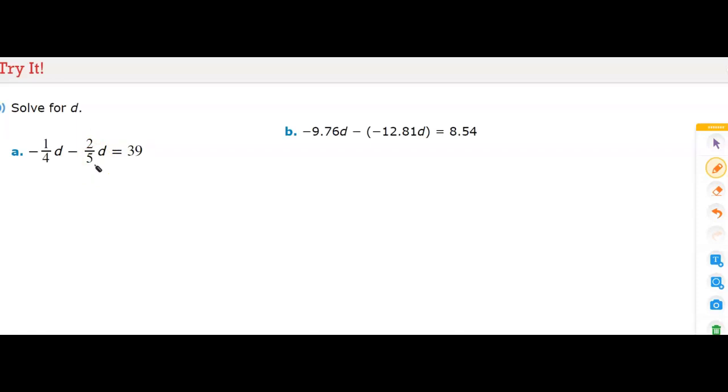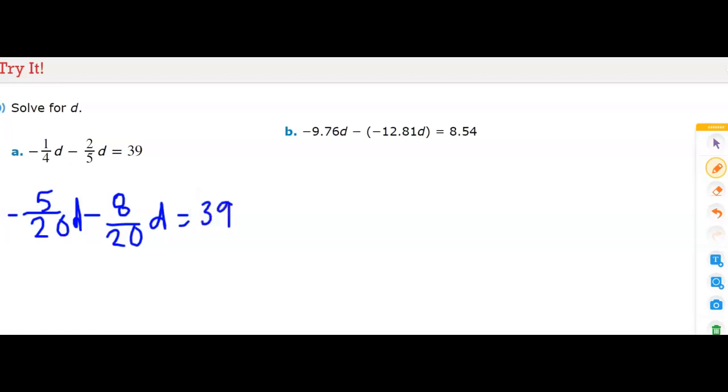But these are fractions. We know that when adding fractions, the denominators must be the same. So we need a common denominator here. The least common denominator between 5 and 4 would be 20. So 1/4 is going to be equal now to 5 over 20, negative, minus, I'll put that d back, and then 2/5 will be 8 over 20 d is equal to 39.